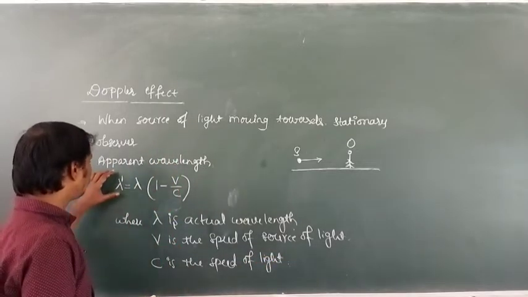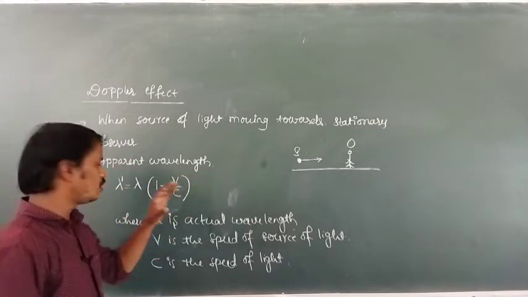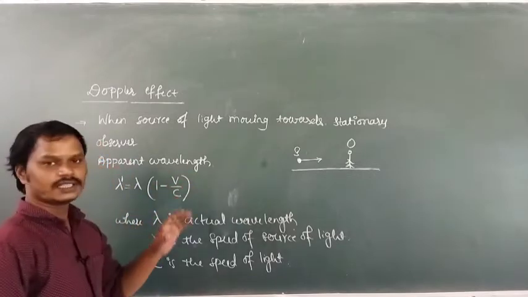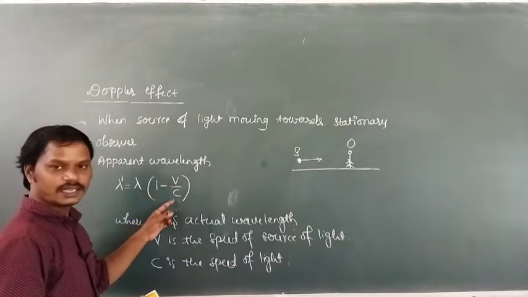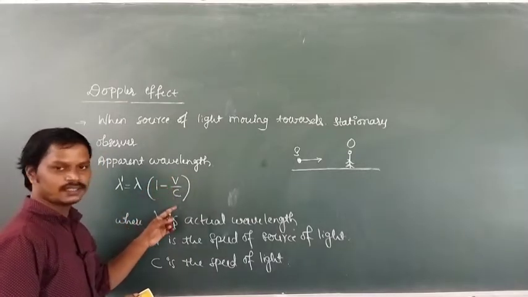Now the apparent wavelength observed by the observer is decreased by the factor 1 minus V by C.